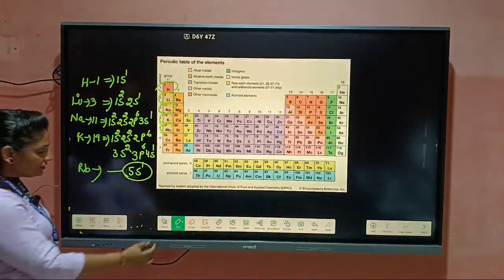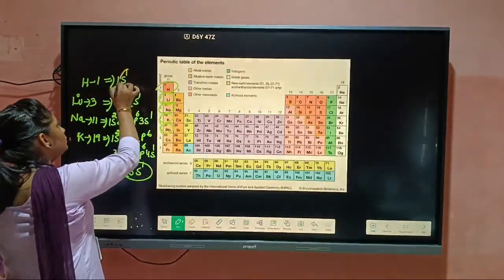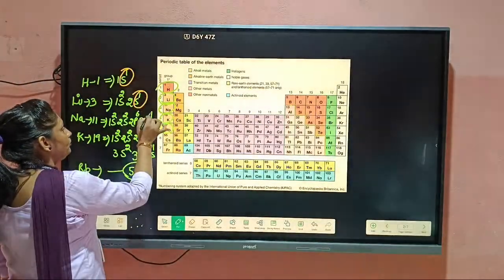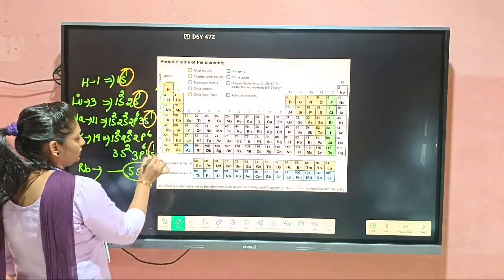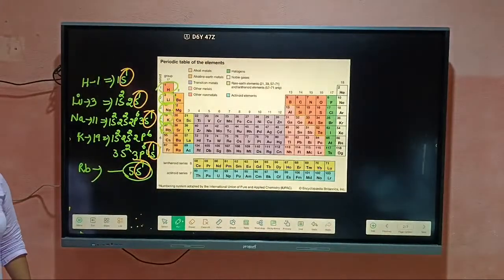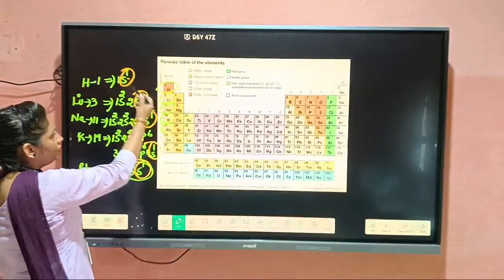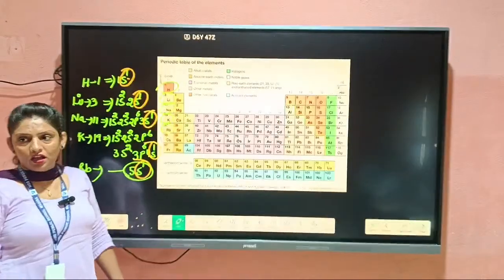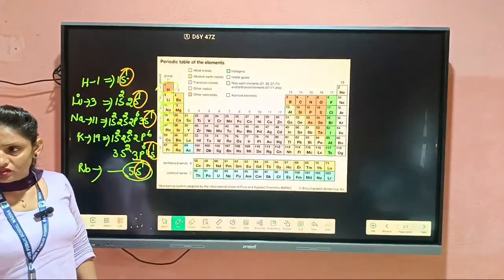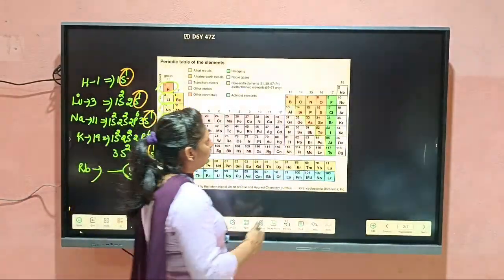So you can see from here that there is only one electron present in all of them. So the electronic configuration is going to repeat after an interval. So periodicity takes place.